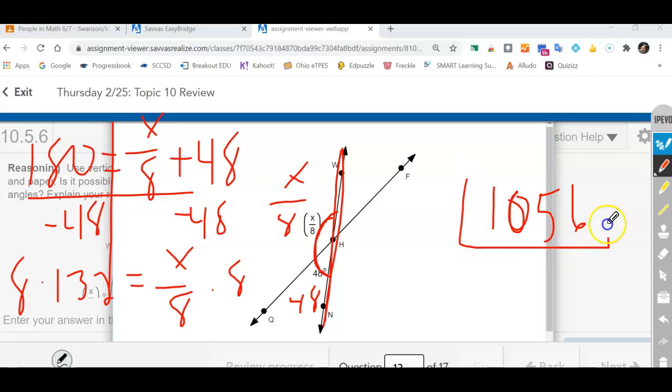Okay, that is the right answer here, because we are looking for x, not the angle measure. Remember I said x is not your angle measure. Sometimes it will be, but in this case, x over 8 is your angle measure. So that's your answer.